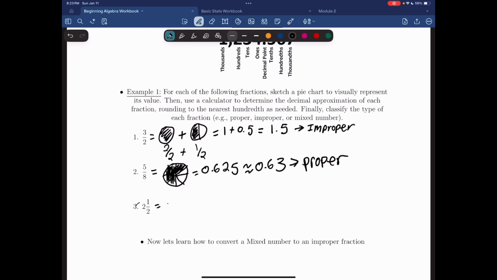So what this means is we have a whole pie, 1, plus another whole pie, 2, and then we have plus this proper fraction, which is 1/2. So 1 plus 1 is 2, plus a half, that's 2.5. And this fraction that we're dealing with here is a mixed number.